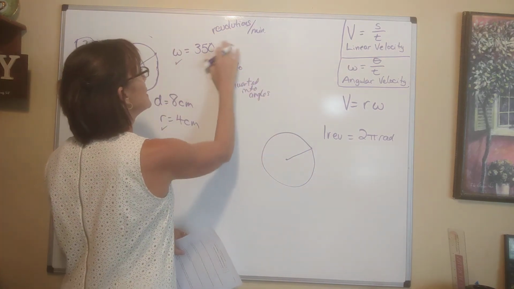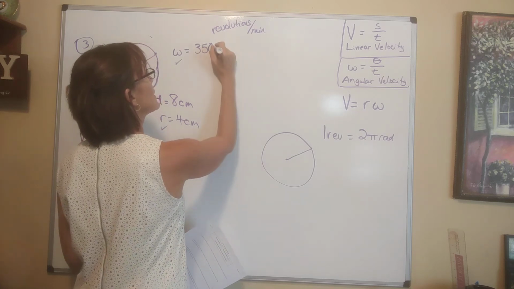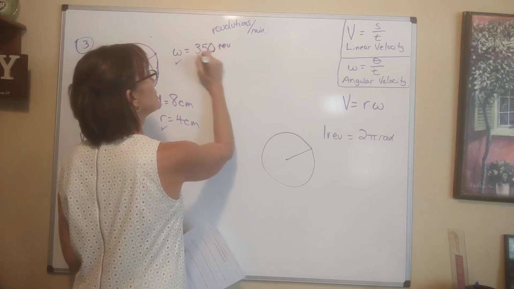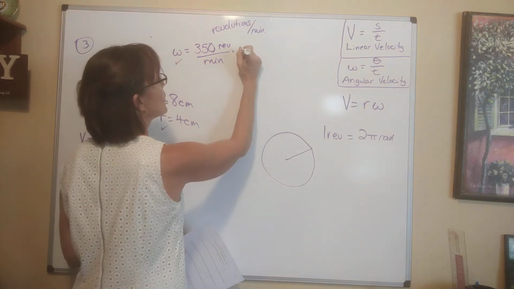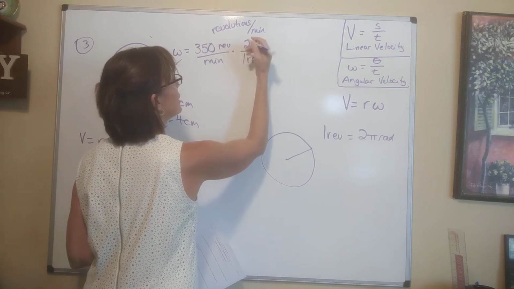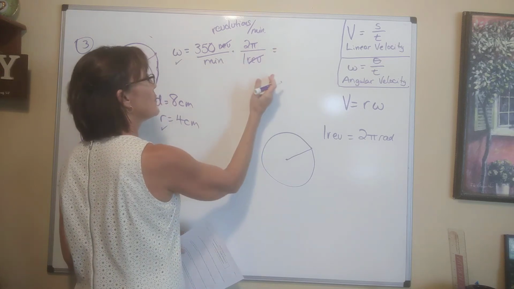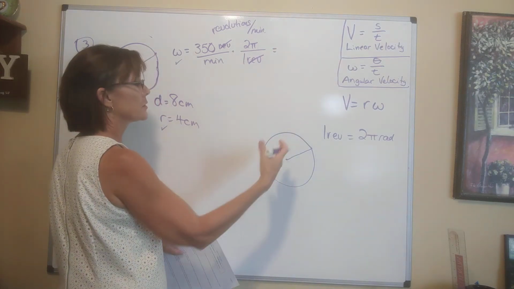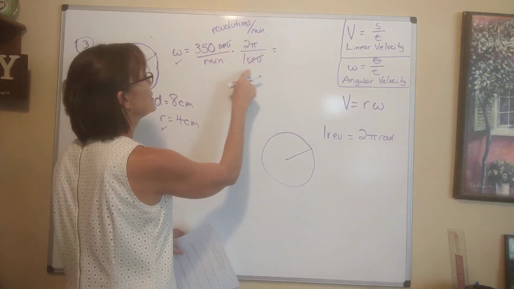So let's convert this. If this is 350 RPM, that is the same thing as 350 revolutions per minute. Well, how many radians are in 1 revolution? There are 2 pi radians in 1 revolution. So to convert this omega into angles per time, you just multiply it by 2 pi over 1 revolution.